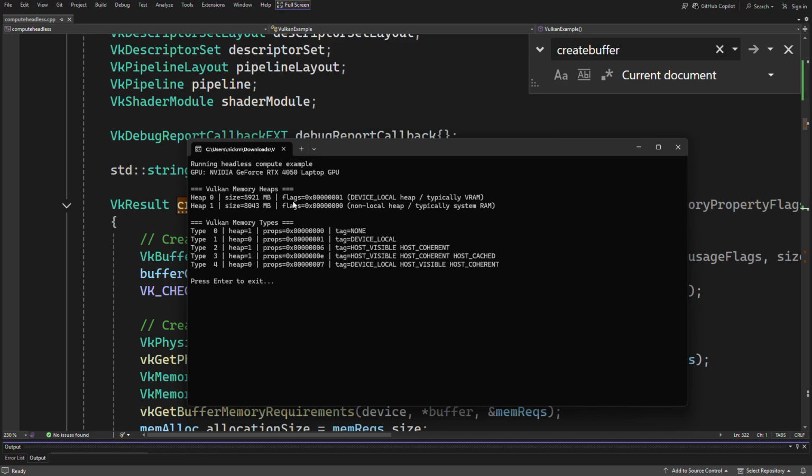It is the original, it is what starts the conversation. Memory types is largely tangential. What do I mean by that? Memory heaps is the actual physical memory that you have on your system.